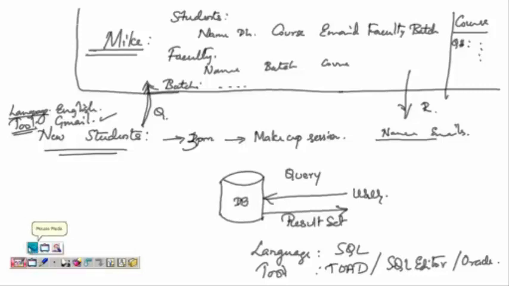Okay, Manisha, PL/SQL is a procedural language. Procedural language means a sequence of queries will get executed at a time. In SQL, it is just a single query that we send to the database.